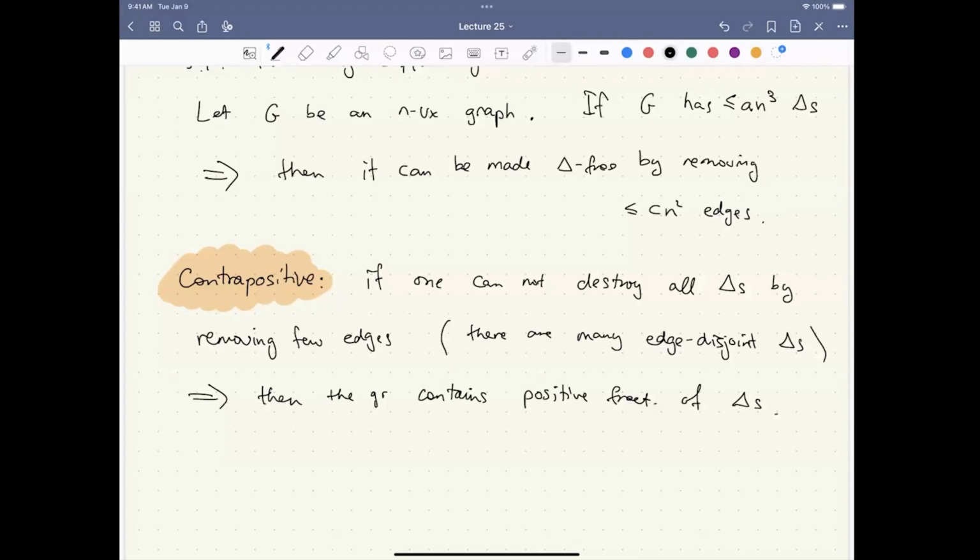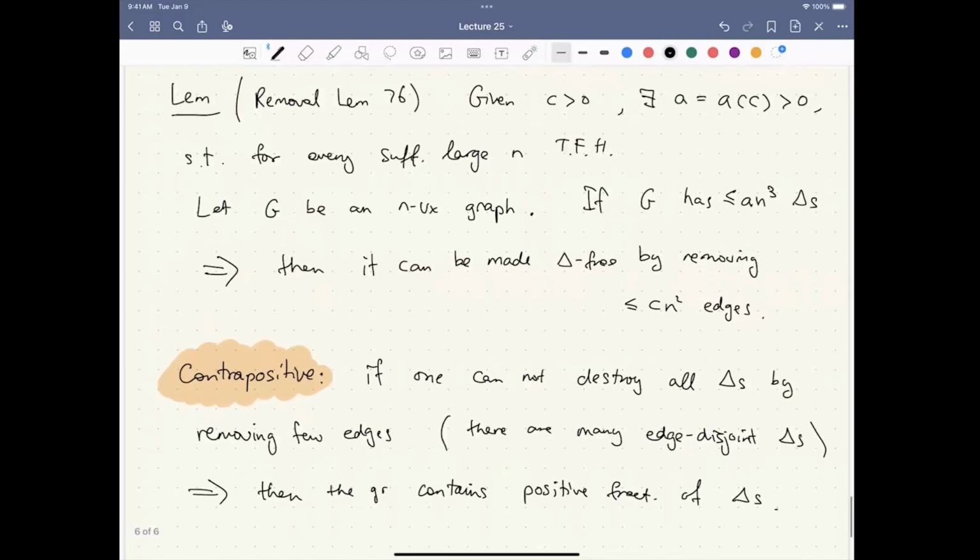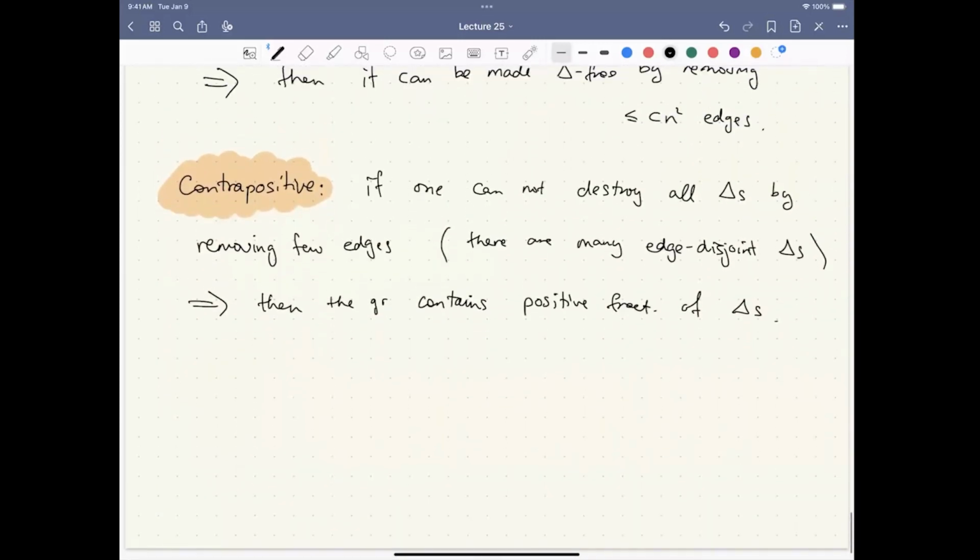We will see some applications of the removal lemma, but first let's prove this lemma today. To prove this, it's good to introduce a very standard procedure nowadays, a cleaning process for a graph when we apply the regularity lemma to it. So let's consider a cleaning process.